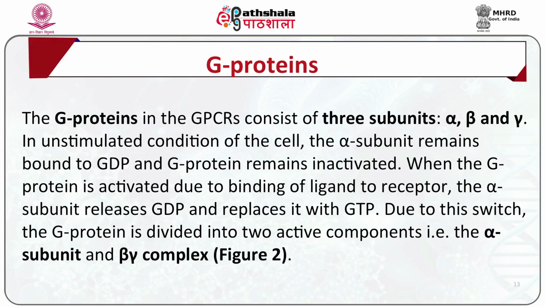When the G protein is activated due to binding of ligand to the receptor, the alpha subunit releases GDP and replaces it with GTP. Due to this switch, the G protein is then divided into two active components, the alpha subunit and the beta gamma complex.